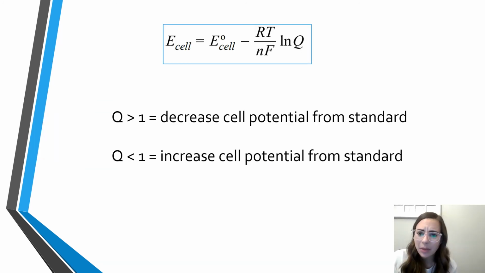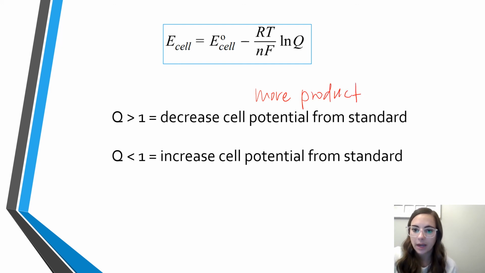So let's think about this in general before we actually get to numbers, okay? In general, let's think about if Q is greater than 1. In other words, if Q is greater than 1, we have more products. The product concentration is larger, okay?